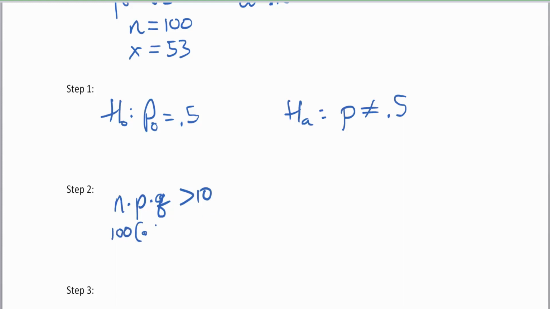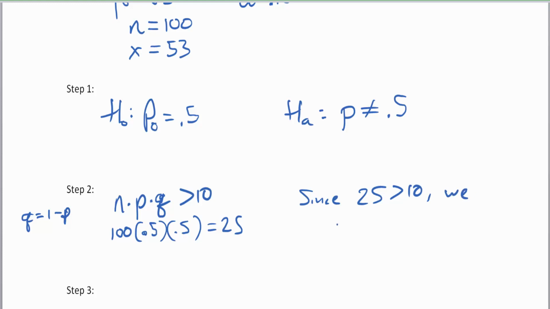We're going to look at our p, in this case it's 0.5, and q is the same thing as 1 minus p, or the complement of p. So in this case, 50% subtracted from 1 is 50%. So 100 times 0.5 times 0.5 is equal to 25, and since 25 is greater than 10, we can assume normality.